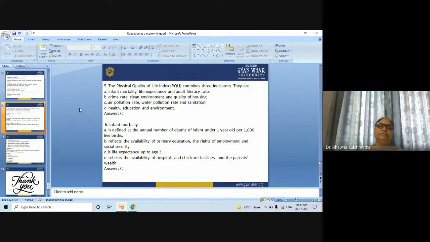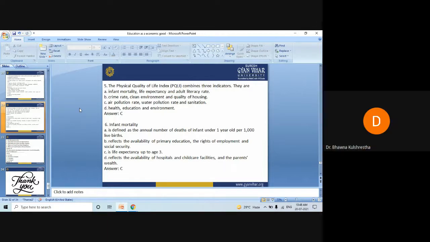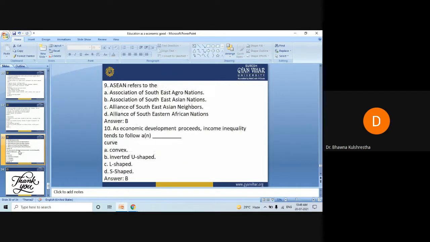The right answer of this question is life expectancy up to age 3. And the next question: ASEAN refers to the Association of Southeast Asian Nations, Alliance of Southeast Asian Neighbors, or Alliance of Southeastern African Nations. The right answer is Association of Southeast Asian Nations.